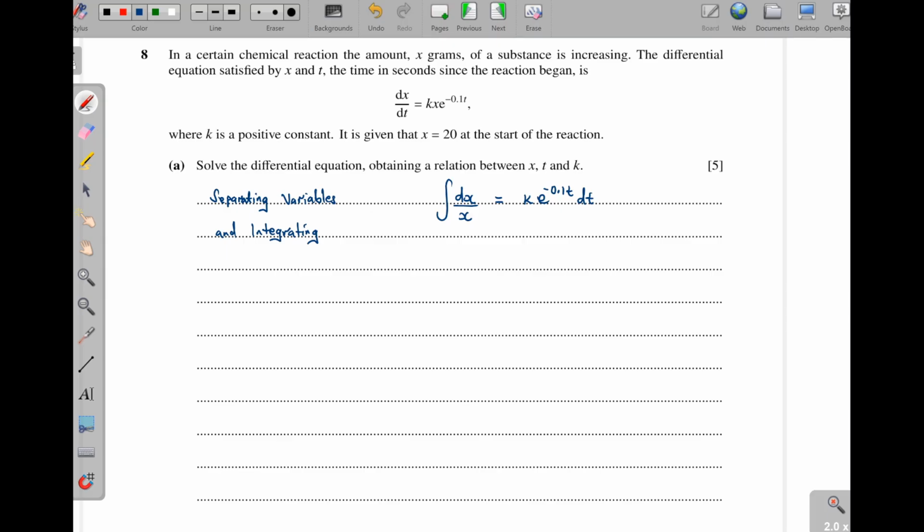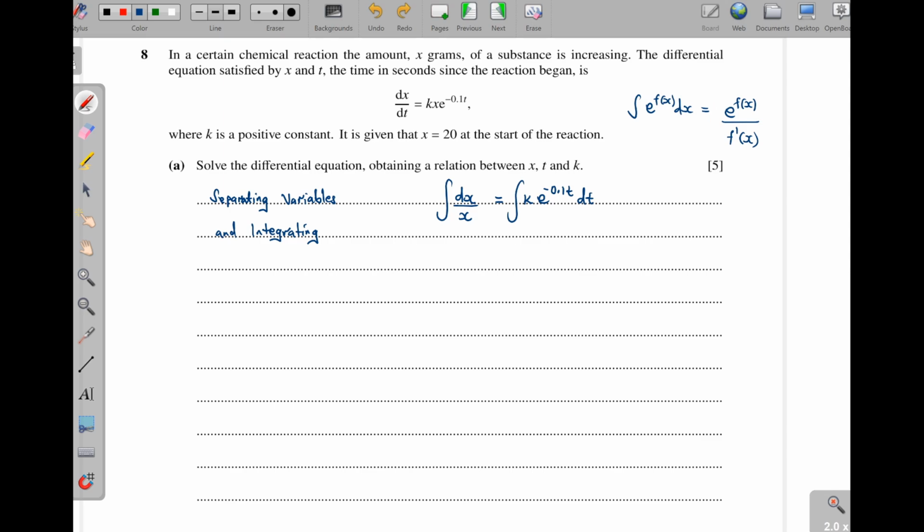Then we integrate, okay? When you integrate e to the power of f of x with respect to x, you get this exponential function, then you divide by the derivative of the power of that exponential. If it is differentiation, then we are multiplying it here. See that? All right.